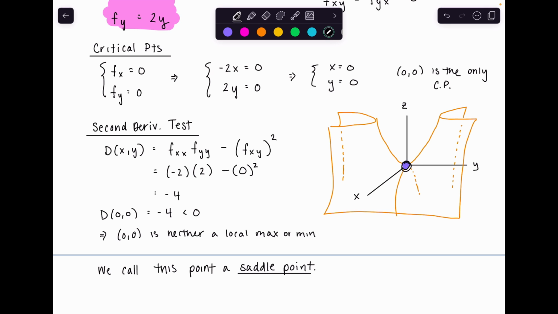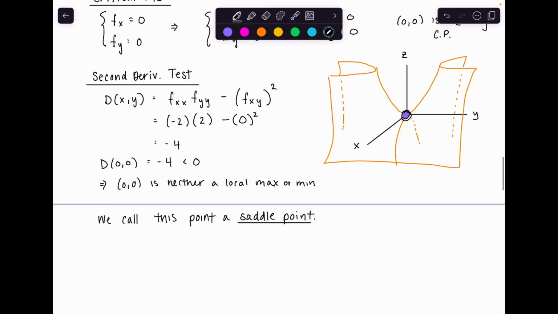So you're either going to have a local max or min, or you're going to have a saddle point when it's doing neither of those things. So let's try a different example that's going to be a little bit more complicated to find the critical points of, and then we'll go ahead and classify all of those as well.